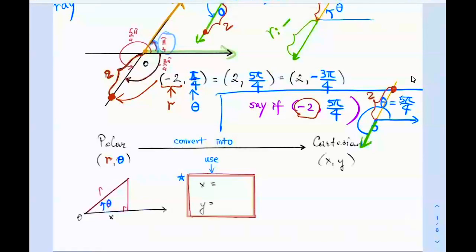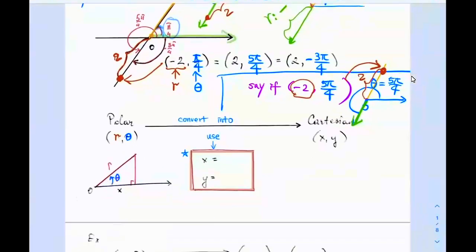And then the point will be right there. So just remember, when r is positive, you go along the direction of the ray. When r is negative, you go the opposite direction of the ray. Right? Okay, good.